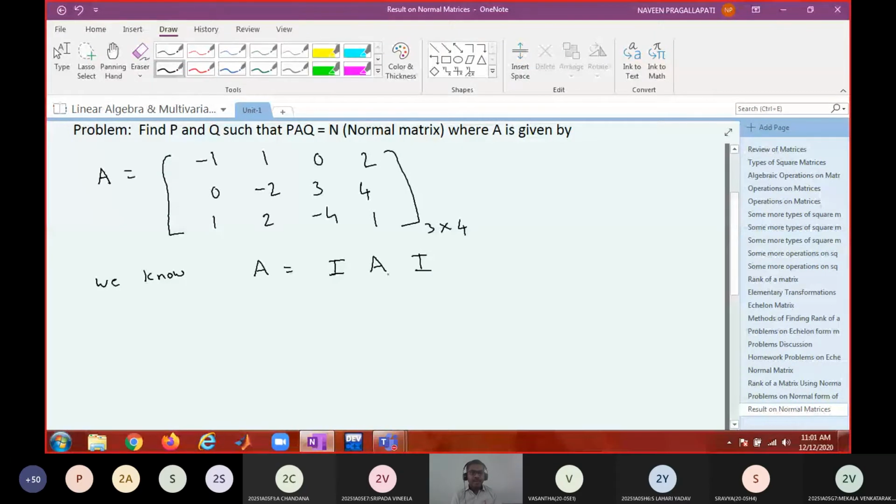This is a 3 by 4 matrix, remember. So what will be the order of this matrix? 3 by 3. So I can write it as I3, right? Now what will be the order of this matrix? I4. So if A is an m by n matrix, I can write it as Im A In. Am I right?